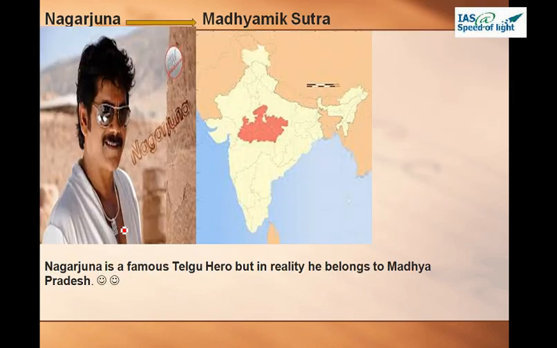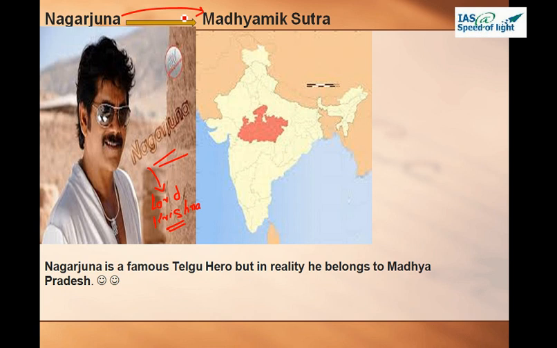Nagarjuna, again Nagarjuna has come up here. So Nagarjuna, one Nagarjuna related with Lord Krishna. So Nagarjuna dam was on river Krishna. Now here Nagarjuna wrote Madhyamik Sutra. Madhyamik Sutra, if you remember, we studied in Buddhism how Lord Buddha propagated the path of Madhyamik, that is the middle path of moderation.